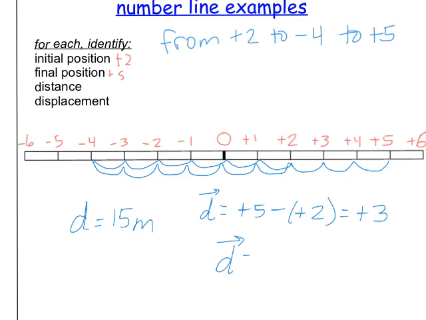And again, in the metric system, our displacement would have the same units as distance, which would be meters. So overall, this is telling us that from start to finish, my displacement was 1, 2, 3 steps in the positive direction.